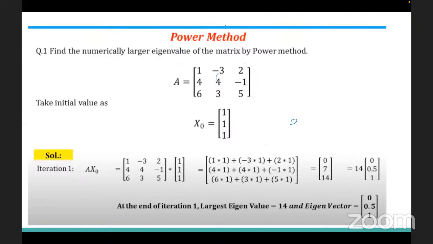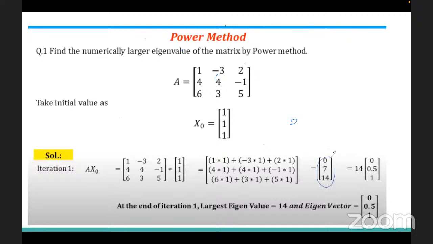It's as if it's a multiplication. No, we brought 14 out. If we multiply 14 by what we have, we get our original matrix back, 0, 7, and 14. So it's literally like we brought the largest eigenvalue out. No, we are not now dividing.